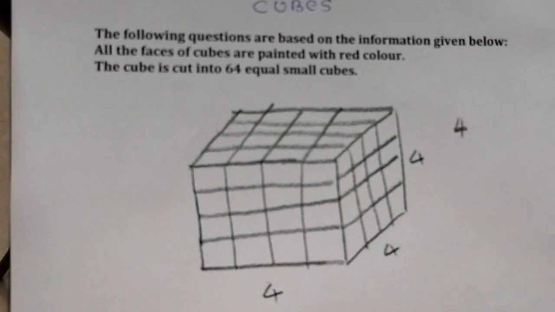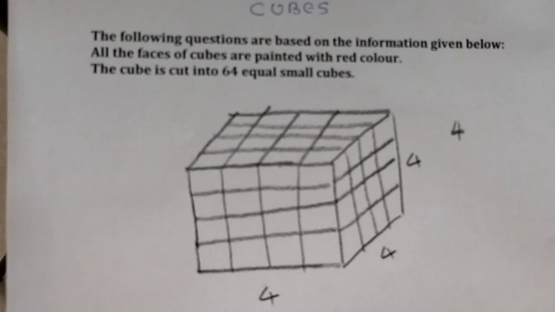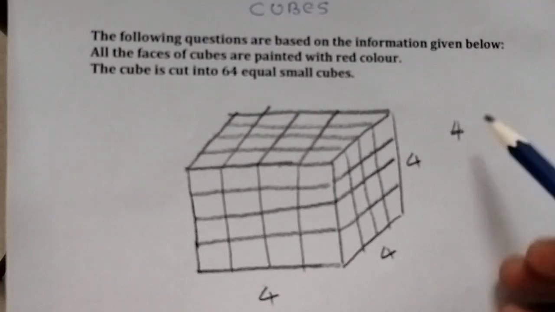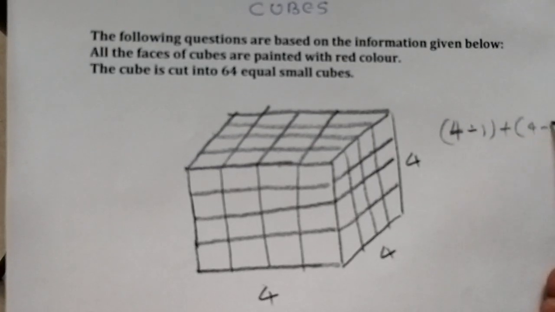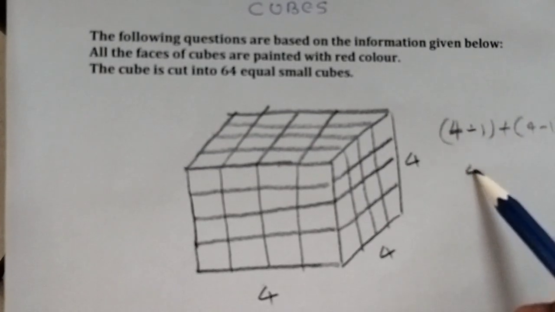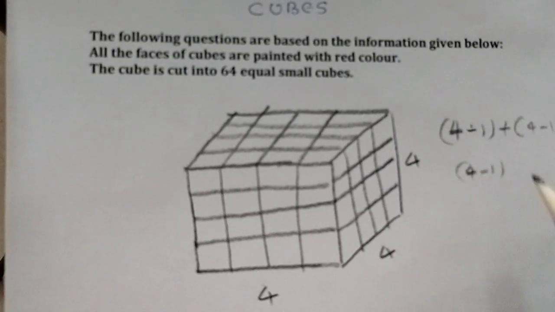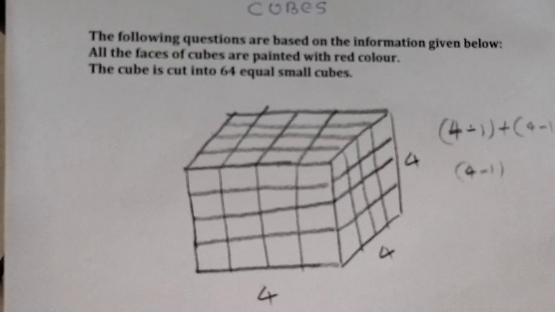So this is also one type of question. How many cuts are needed to make this cube into 64 small cubes? That is 4 minus 1 plus 4 minus 1 plus 4 minus 1. These many cuts are needed to make it into small cubes.